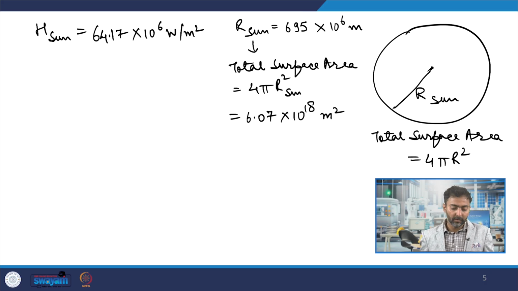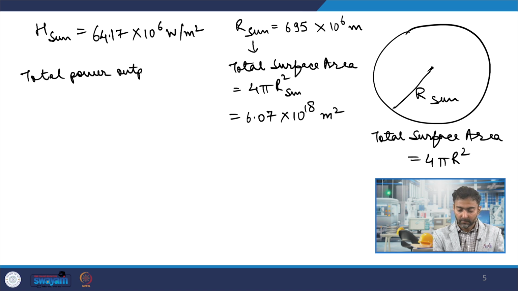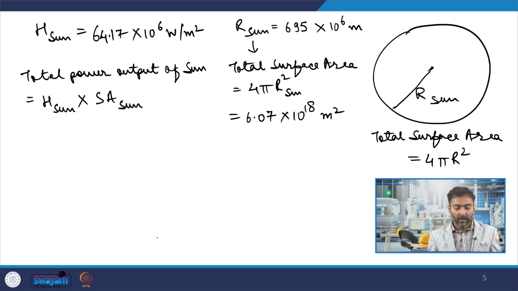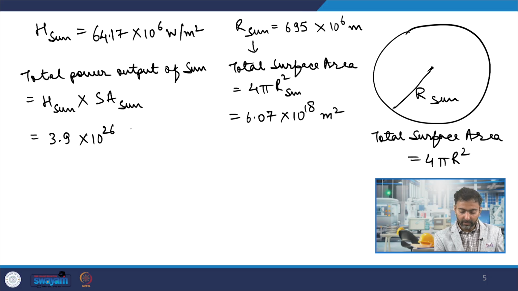So this is the total surface area of the sun, and we have already found out the surface luminosity. So we know that 1 meter square of surface area of the sun emits around 64 megawatt of power. So if I want the total power output of the sun, it will be nothing but this surface luminosity multiplied by the surface area of the sun, and these two numbers, if we multiply them together, the result is somewhere around 3.9 into 10 to power 26 watts.